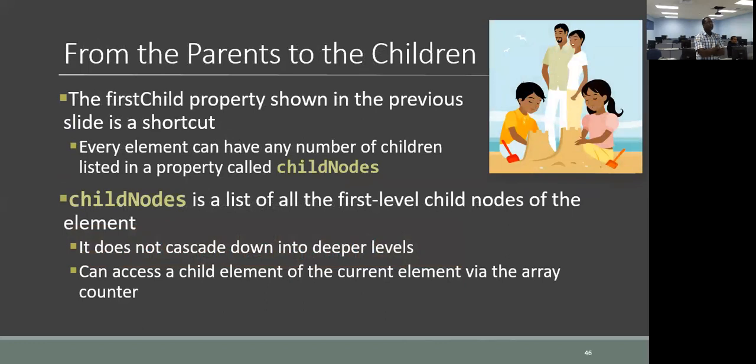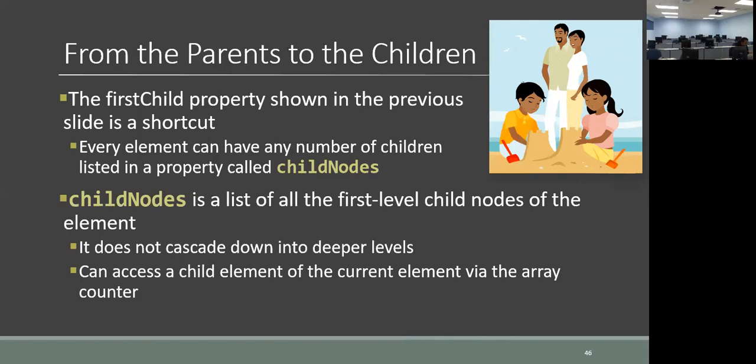This is where we're talking about whether we have first child, last child, second child, third child. What you have here is a property called child nodes. Child nodes is a list of all children that are part of the element. It does not go down to deeper levels.